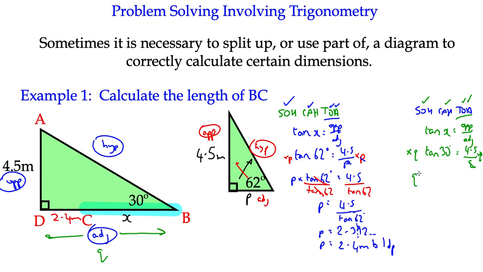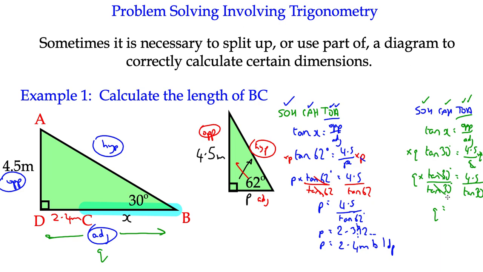So I've got Q times the tan of 30 is 4.5. Want to divide through by the tan of 30, and they cancel out, and we're left with Q is equal to 4.5 divided by the tan of 30.